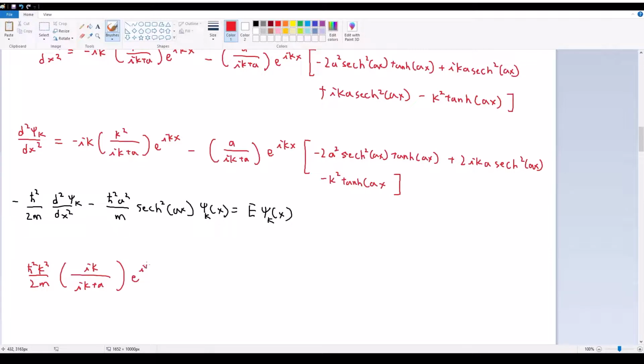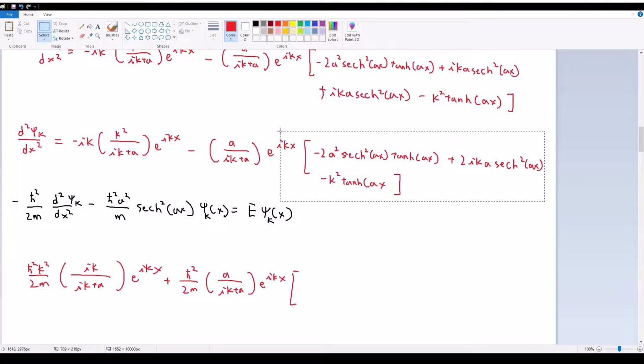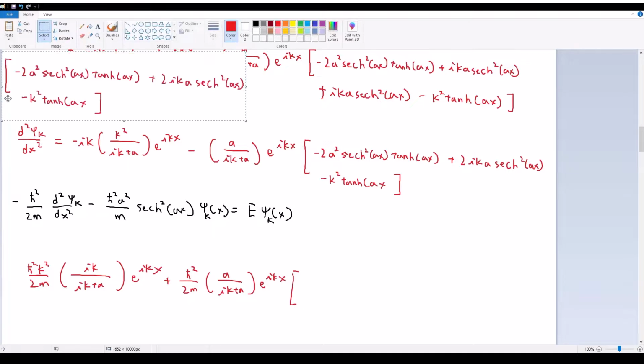E to the ikx, two negatives make a positive, and then we're adding, because two negatives make a positive once again, plus h bar squared over 2m times a over ik plus a times e to the ikx, and then multiplied by this expression, which I'm just going to copy paste.